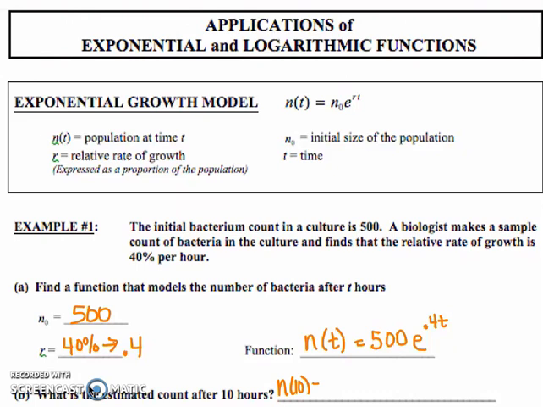N of 10 is going to be equal to 500 times e to the 0.4 times 10. You grab your calculator, you type that in, you should get 27,299. It's 27,299.08, but we're just going to leave it as 27,299 because we're counting the number of bacteria, so we're going to round to the nearest whole bacteria.